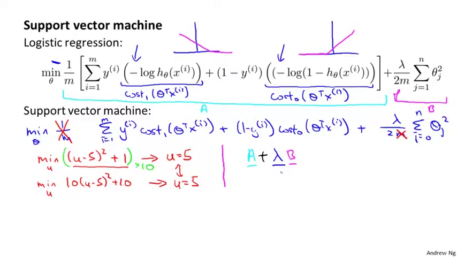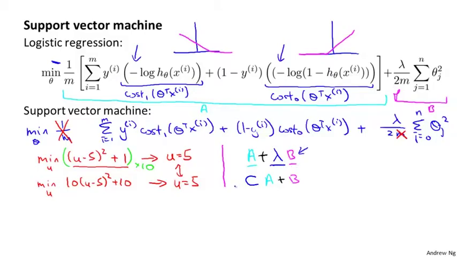For the support vector machine, just by convention, we're going to use a different parameter. Instead of using lambda to control the relative weighting between the first and second terms, we're going to use a parameter which by convention is called C, and we're going to minimize C times A plus B. So for logistic regression, if we set a very large value of lambda, that means giving B a very high weight.